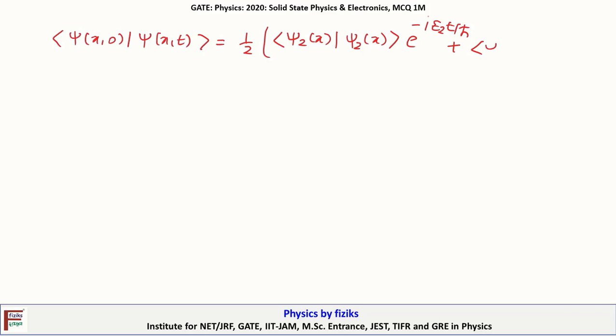psi of x,0 is orthogonal with psi of x,t, that means 1 by 2 [psi_2(x) e to the power minus i E2 t by h cut plus psi_4(x) e to the power minus i E4 t by h cut] is equal to 0.